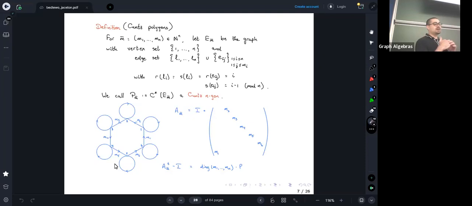So these are very far from being able to cover all isomorphism classes of finite graph algebras with trivial K1, because the class of the unit is essentially something very complicated and built into the complicated structure of the graph. So almost never do you get something actually isomorphic to one of these things.